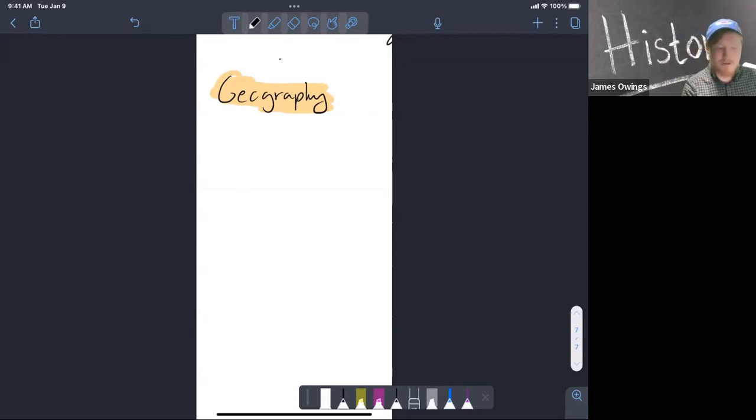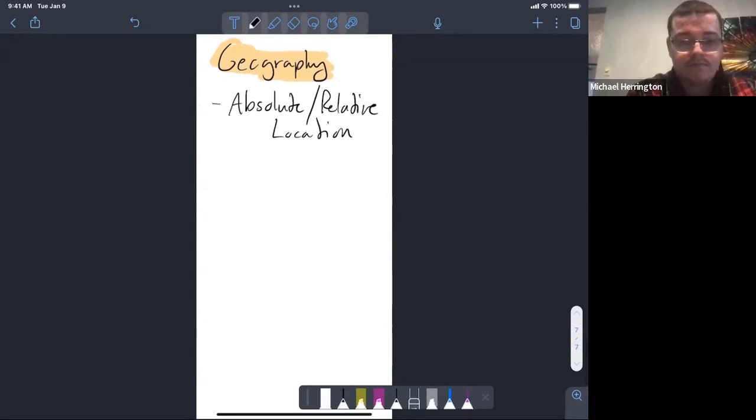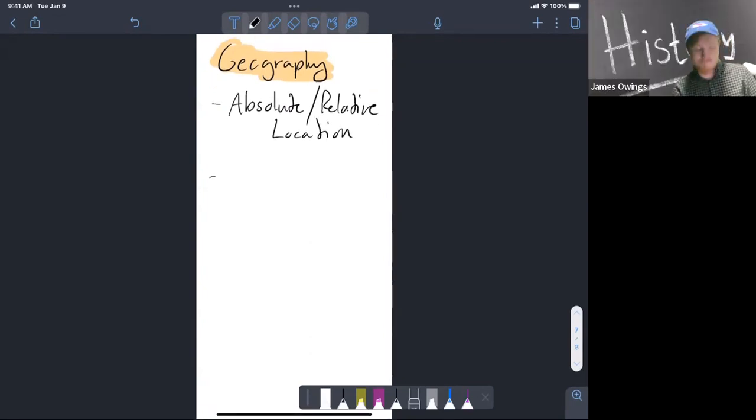Geography wise, you will want to know absolute location. Knowing the difference between that term and relative location, you will see on the test. You might see a question on the regions of Texas.